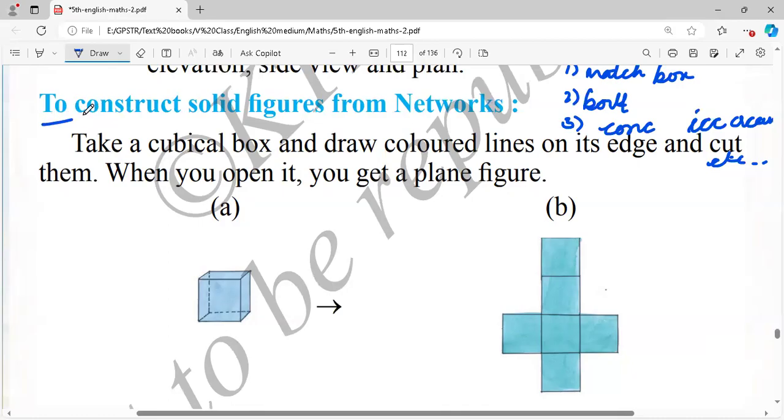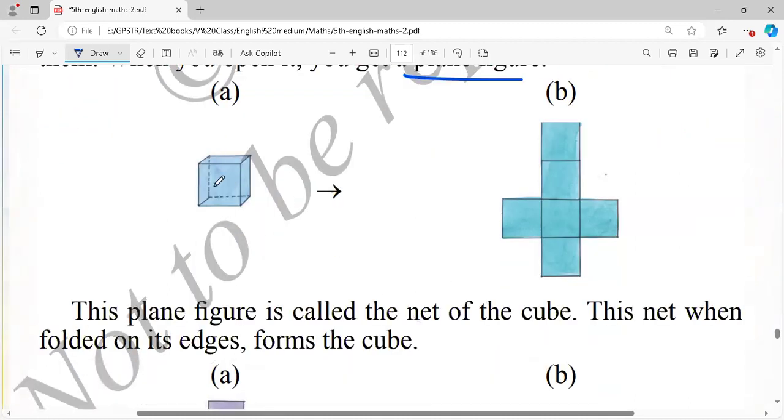This is extra. See, to construct solid figures from networks, take a box, draw a colored line on its edges and cut along them. When you open it, you get a plane figure like this. This is the network of a cube.